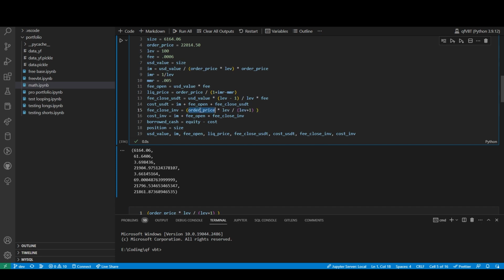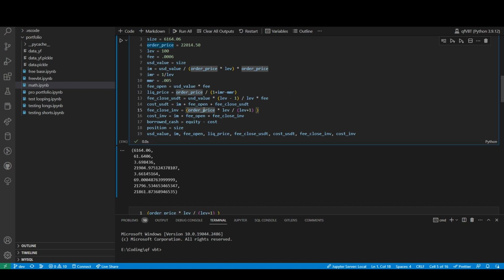Oh, wait, no, what am I doing? Okay, this works. So I'm here on fees to close, inverse contract. Okay, so we are here.